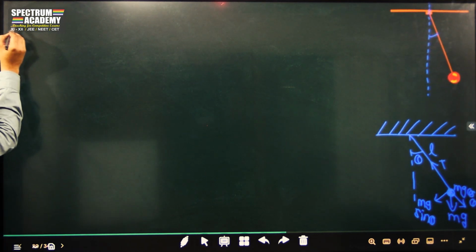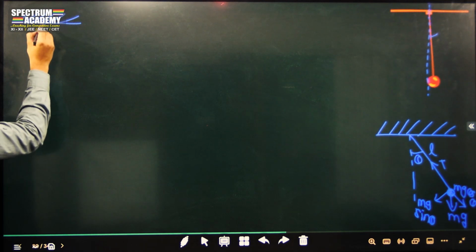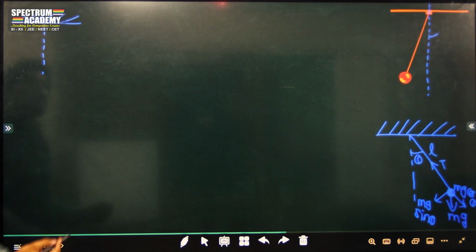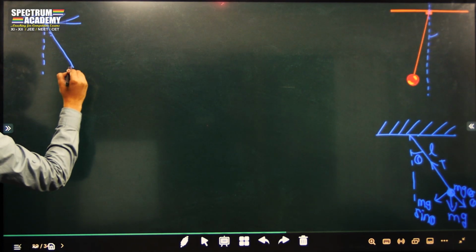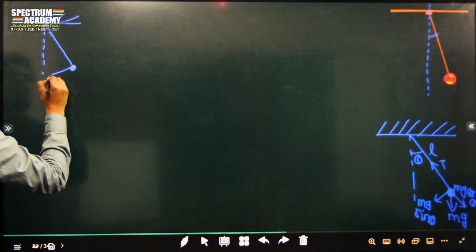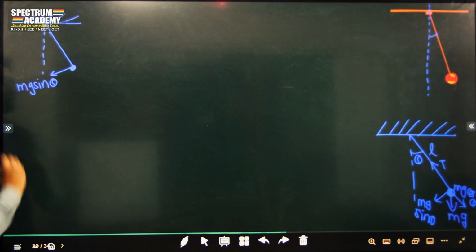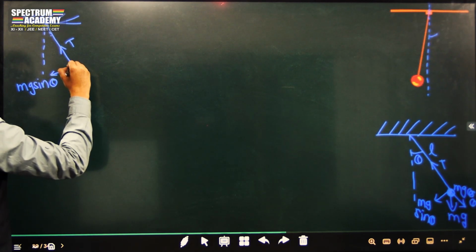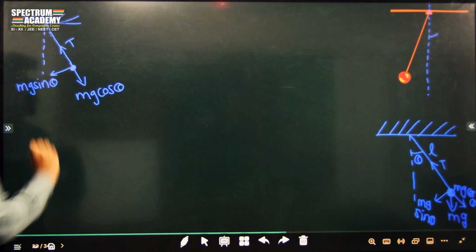So basically, if this is the pendulum, this is the axis of rotation around which the rotations are performed, and you can see, suppose this is the bob, here the force is mg sin theta, right? And here the tension and here the force is mg cos theta.